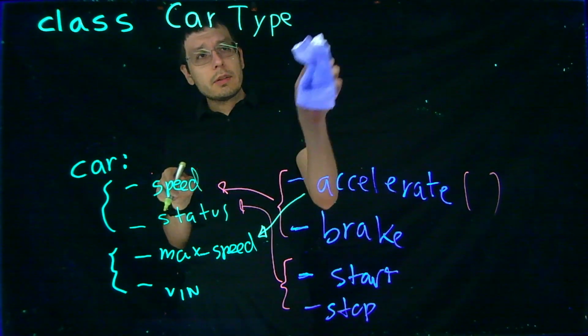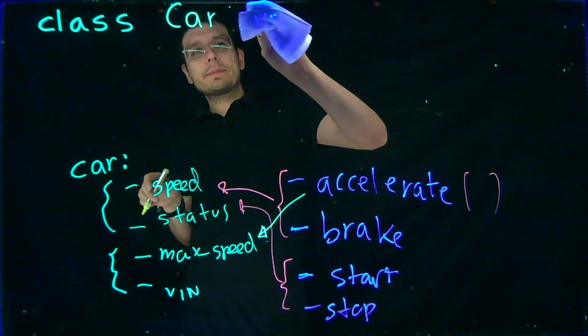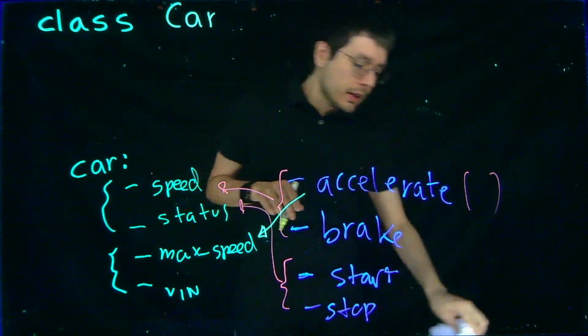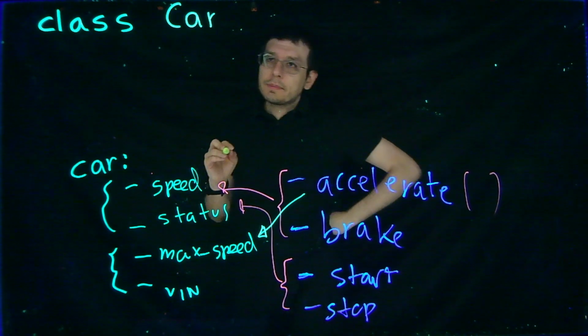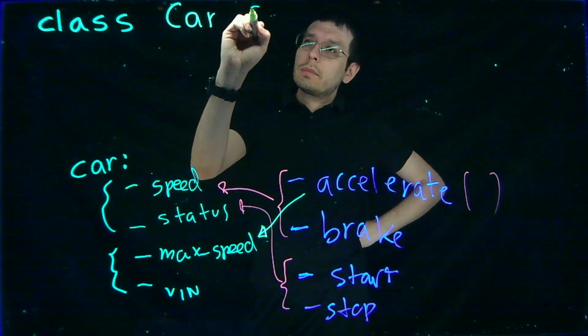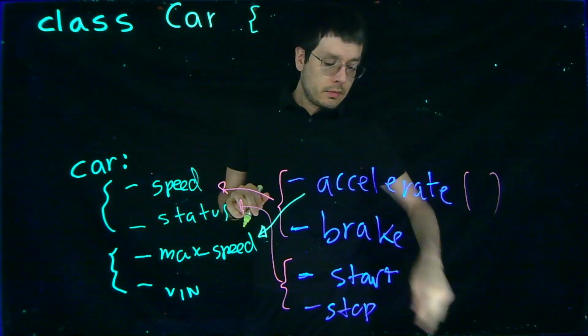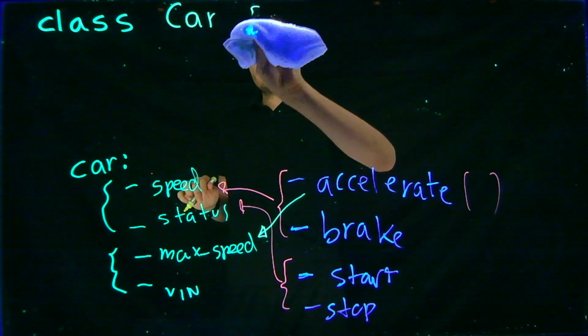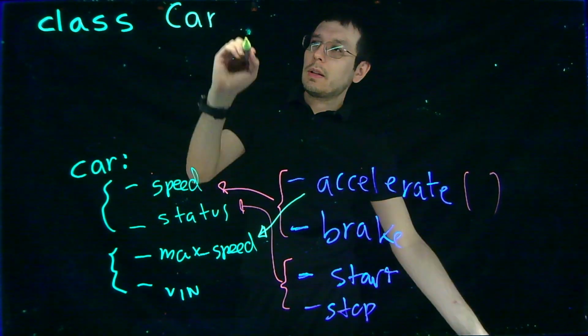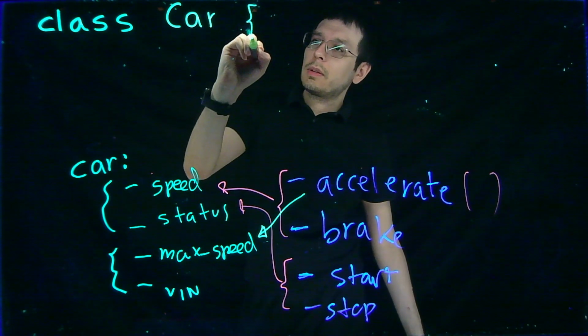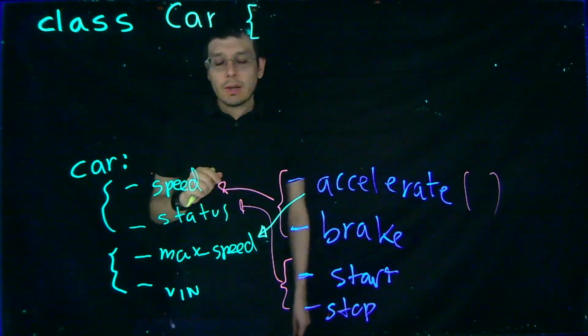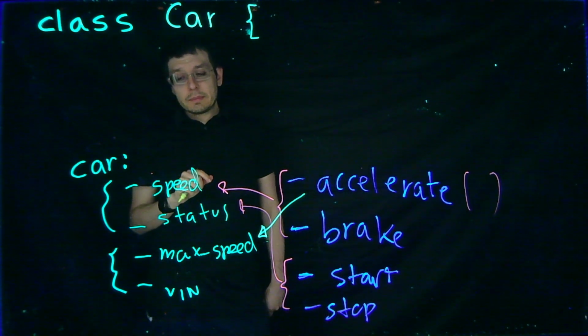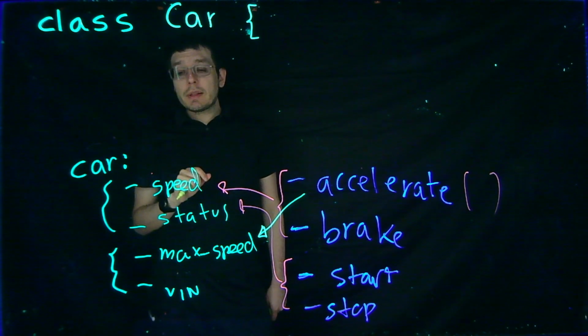Anyways, car type is cool and all, but I'm going to go with car. Okay. So, class Car. Not a fan of that curly brace. Yeah, all right. Okay, so I'm going to put in the keyword here.